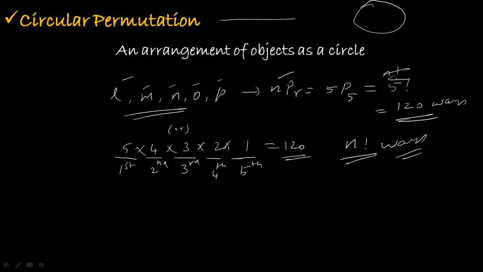In a circular permutation, the objects are arranged in a circle, that is in a closed curve. So in a circular permutation, remember that there is no starting point and ending point. So first we have to fix a starting point, right?